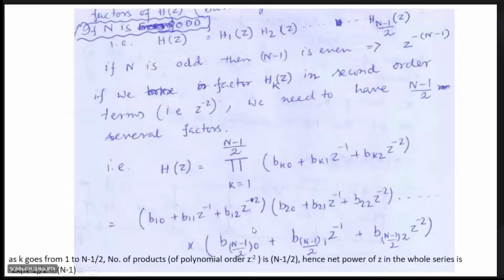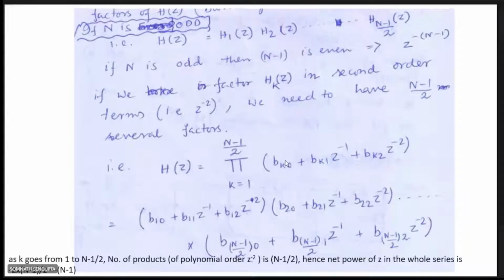So in this case, if n is odd, each product is bk0 plus bk1 z inverse plus bk2 z to the power minus 2. For each product term, it goes maximum up to z to the power minus 2.